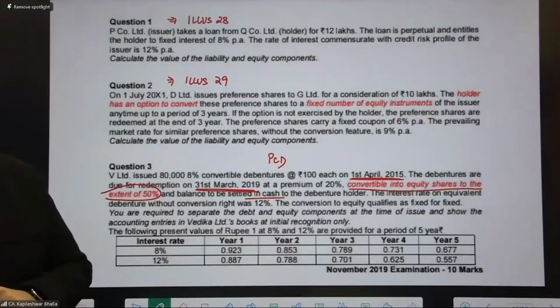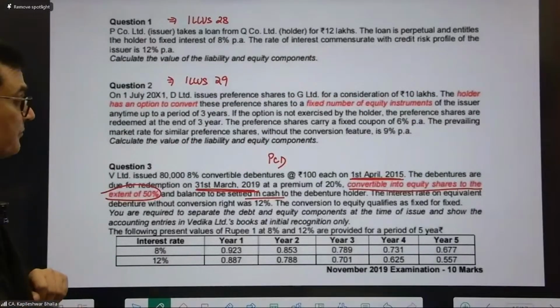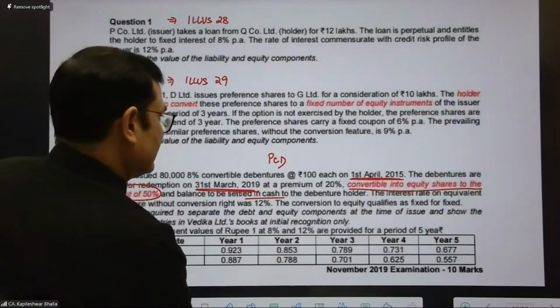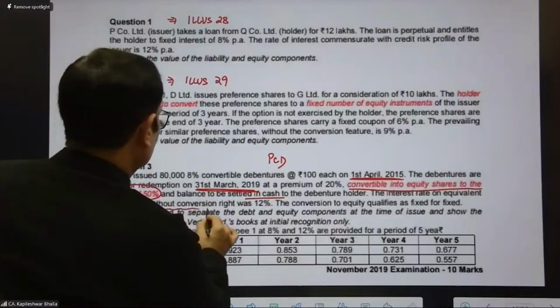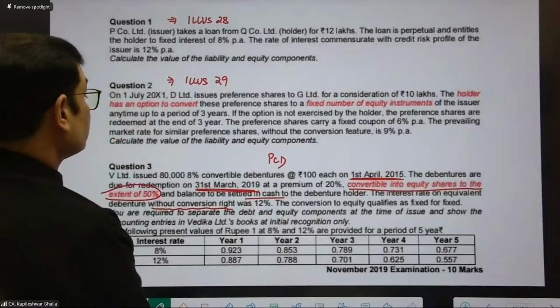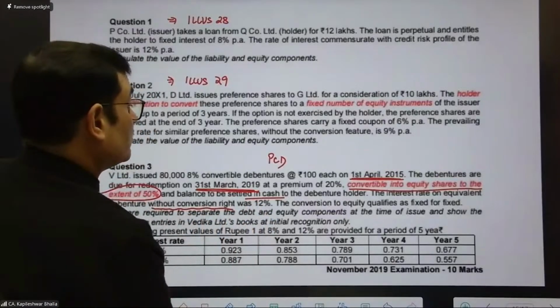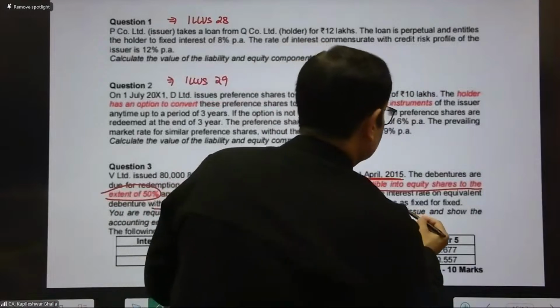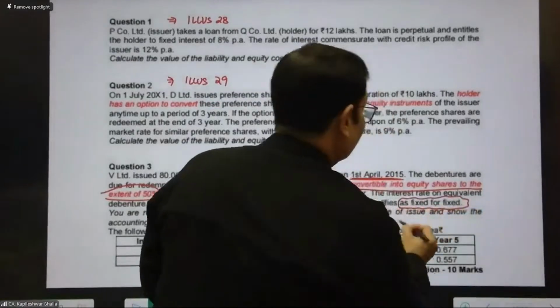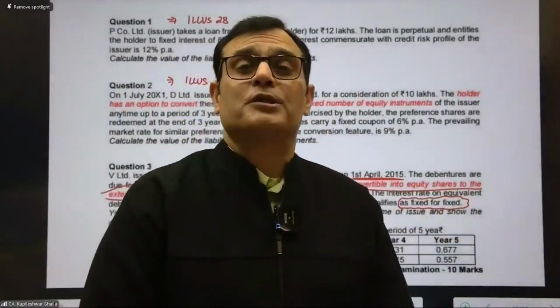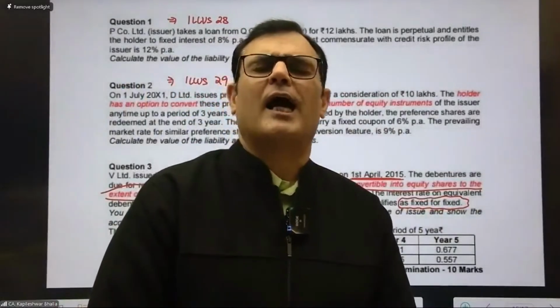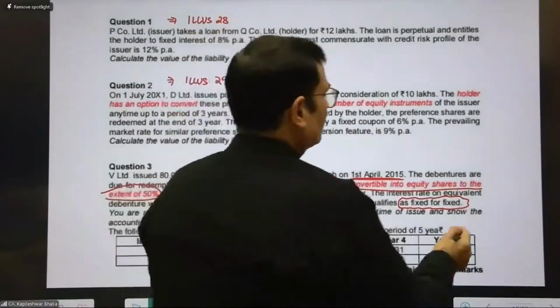Okay, so let's have a look further on this particular case. Then he adds that the interest rate on an equivalent debenture without a conversion right is 12%. We're also given that the conversion to equity qualifies as fixed for fixed. Very clearly he's told you the conversion option qualifies for fixed for fixed.